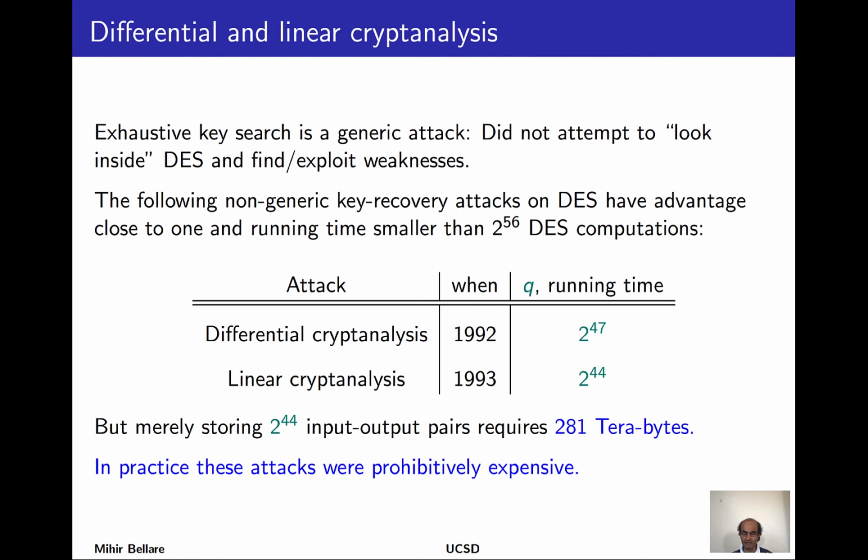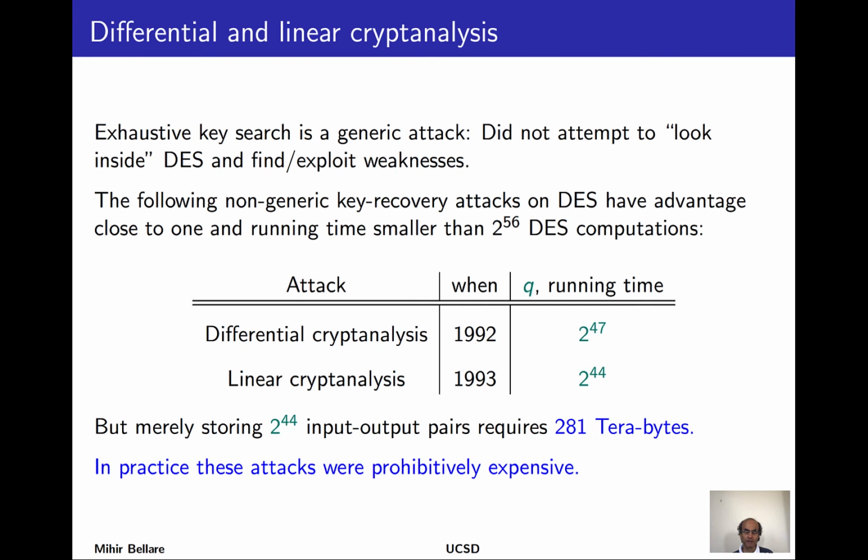And they could easily stop before doing that or have no need to do that, and the attacks would become infeasible. So in practice, these attacks were viewed as prohibitively expensive, interesting theoretically but not a break of DES. And so DES continued to be reaffirmed as a standard and continued to be used.